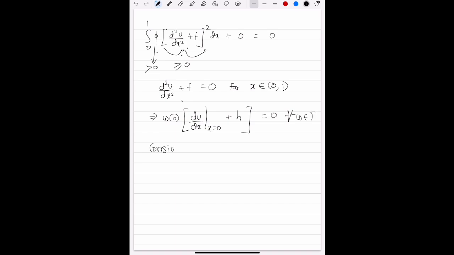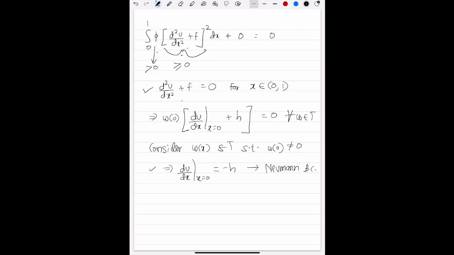So now we consider a special case w of x which belongs to the test function space such that w of 0 is not equal to 0. Now with that in mind, this equation is true means that du by dx evaluated at x equal to 0 must be equal to minus h, which is our Neumann boundary condition. So we have now shown that the Poisson's equation, that is the differential equation, must be true.